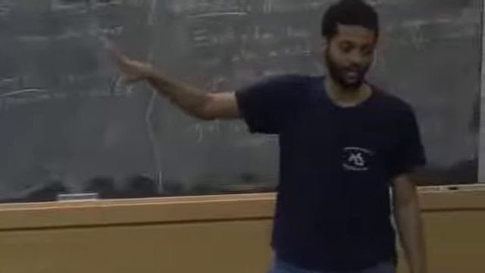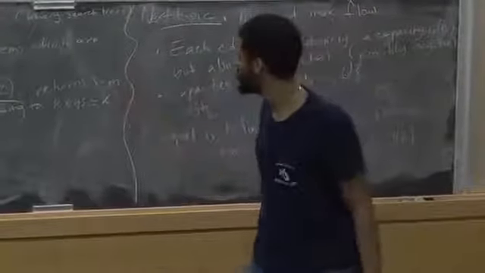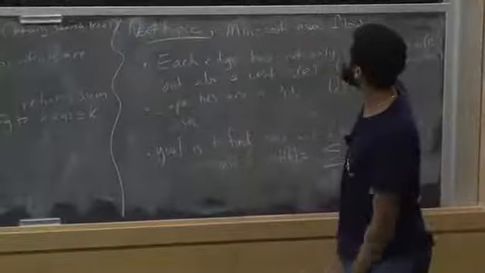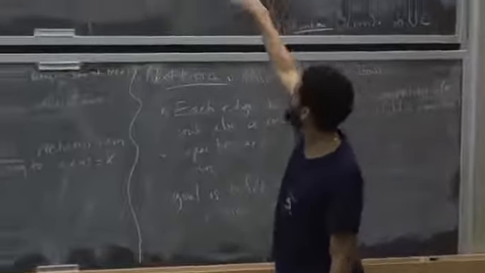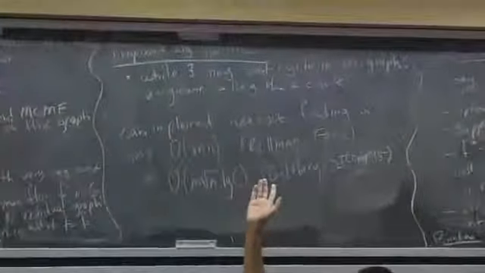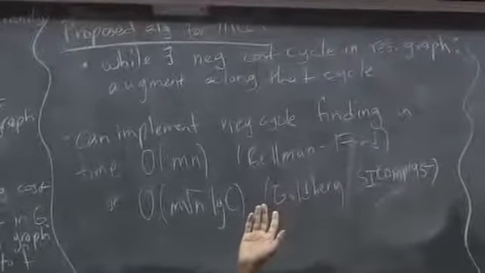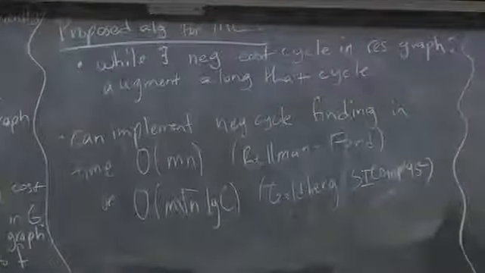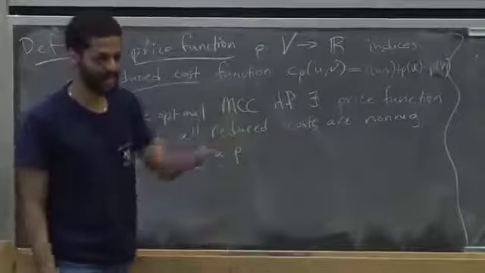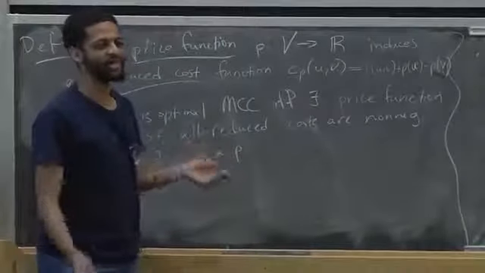So costs of cycles don't change when you use reduced costs. And we know from before that we're optimal when there are no more negative cycles in the residual graph. So if there is such a P, every reduced cost is non-negative, which means that the reduced cost of every cycle is non-negative, which means that the cost of every cycle is non-negative.